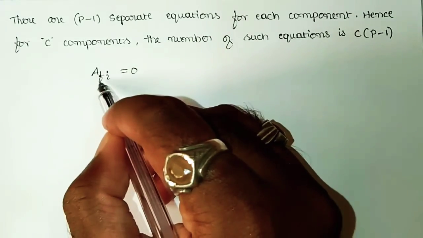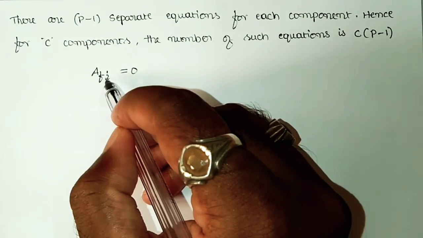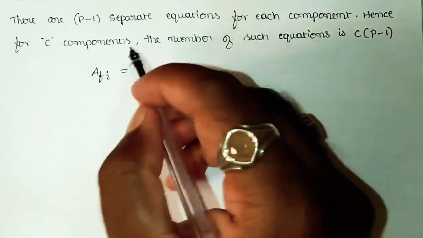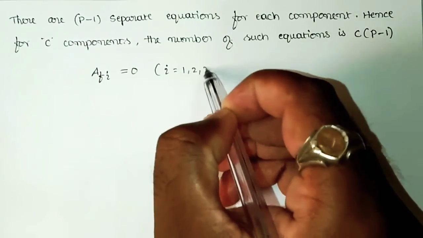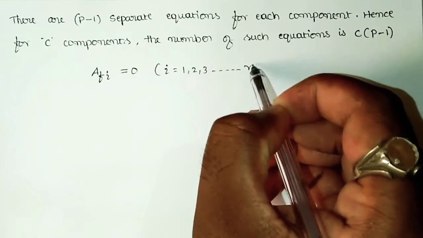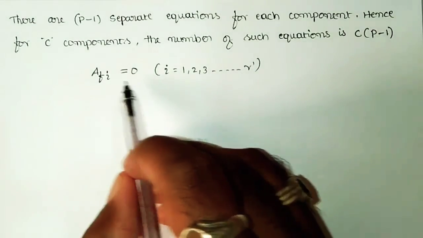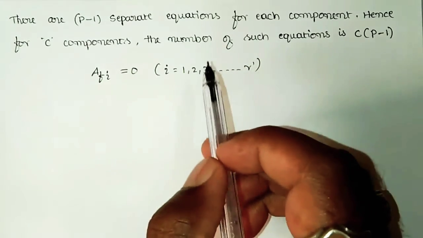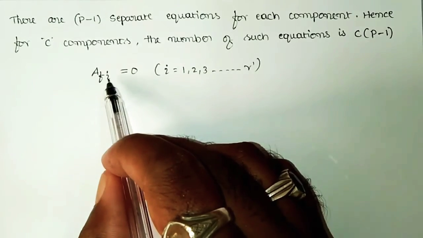So AF is the chemical affinity for I number of components. I will take the values 1, 2, 3 up to R dash. So here R dash is the total number of equations that are showing 0 chemical affinity.